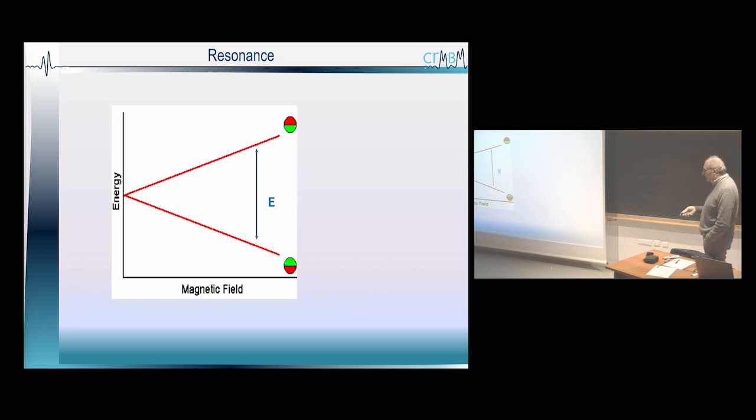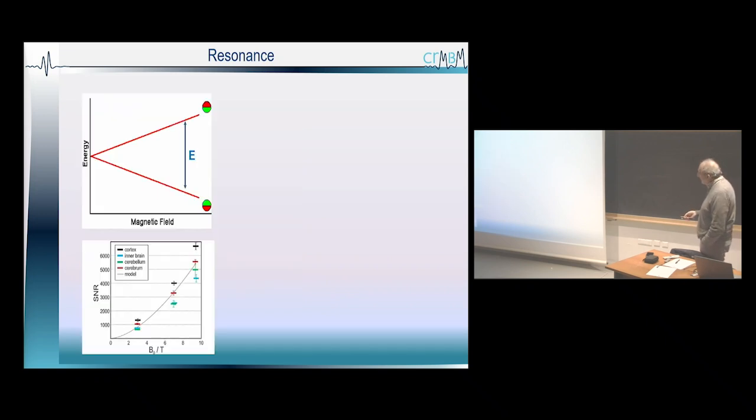Here you've got the experimental curve relating the SNR, the signal-to-noise ratio, maybe the quality of the signal if you want, or the intensity, to the magnetic field.